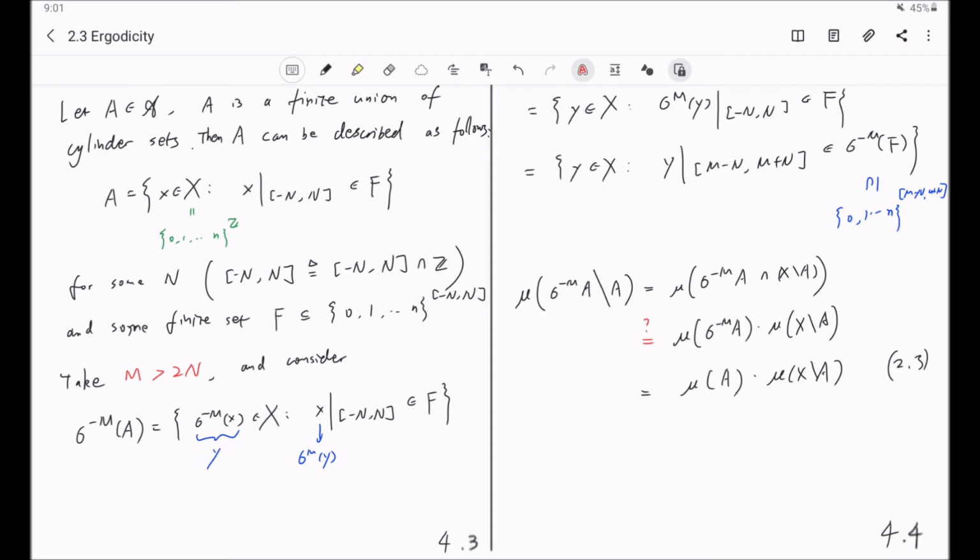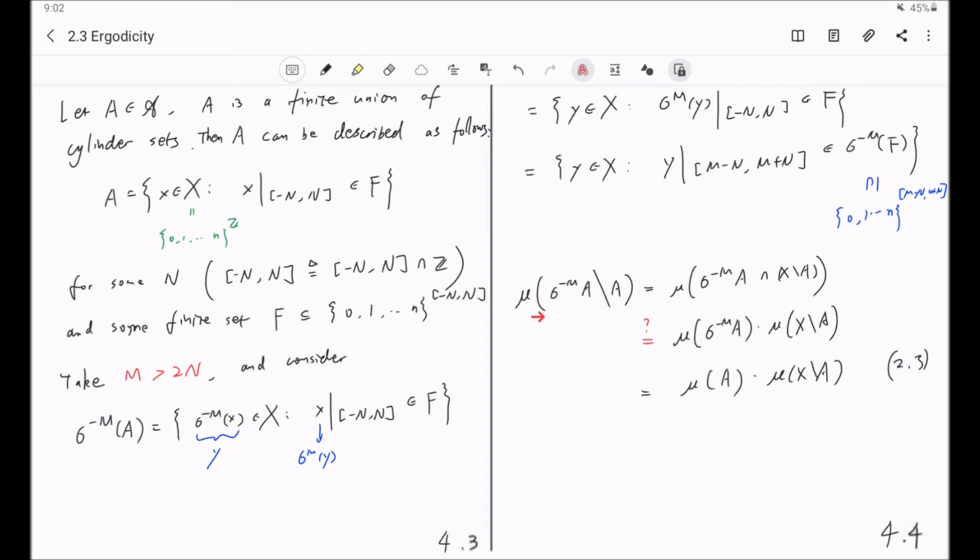And so far we have made a very big progress. We have proved that the product of the measure of A and the measure of its complement is equal to this guy.